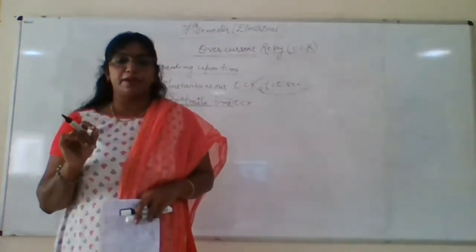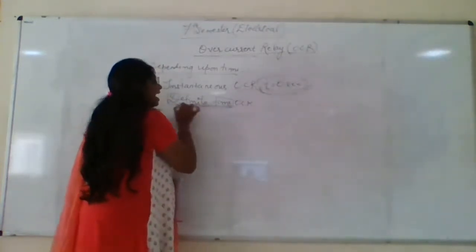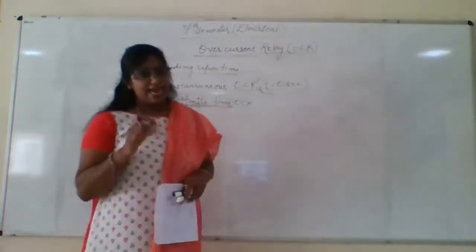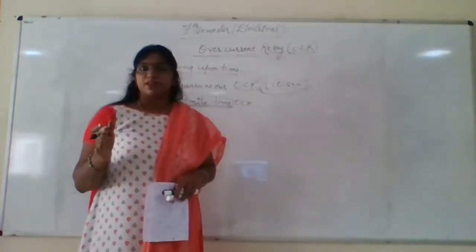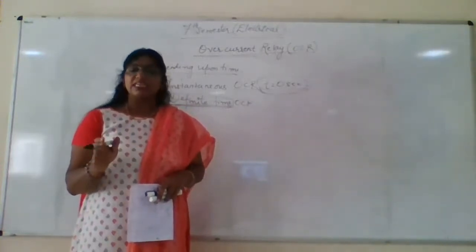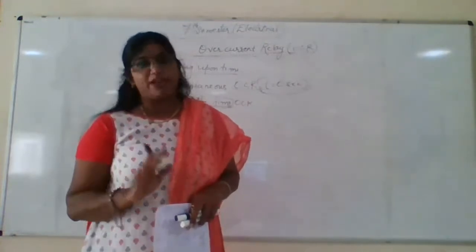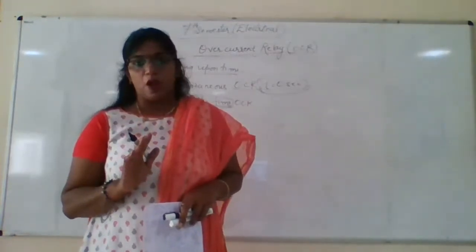So this definite time relay has one pre-set time. Within that span of time, no action takes place. Sometimes the fault will be cleared within that span of time. That's the main cause actually.